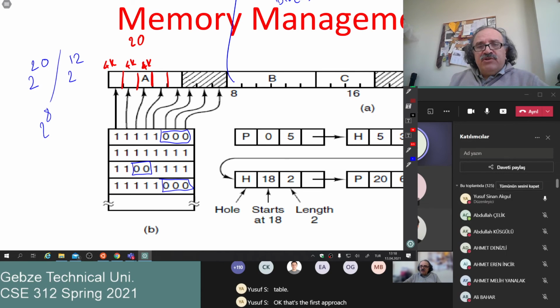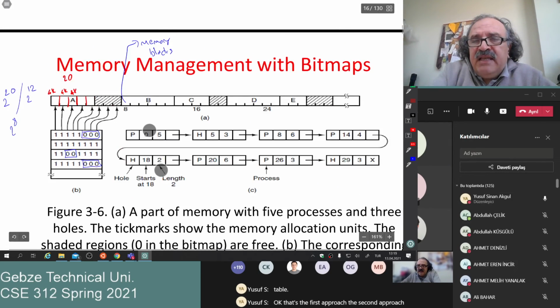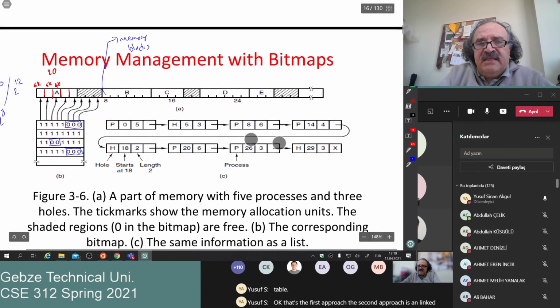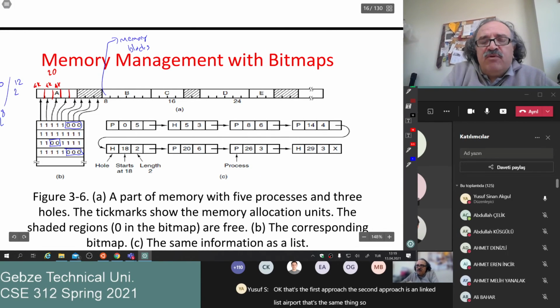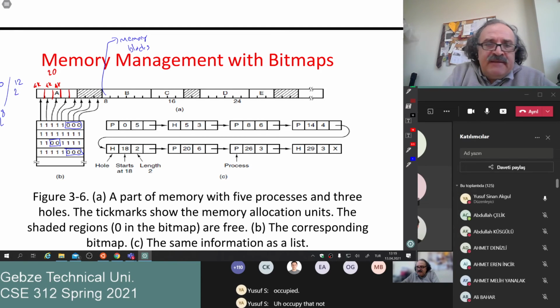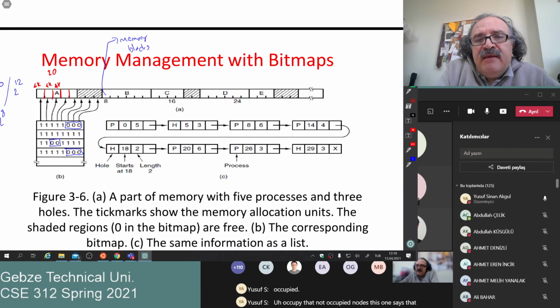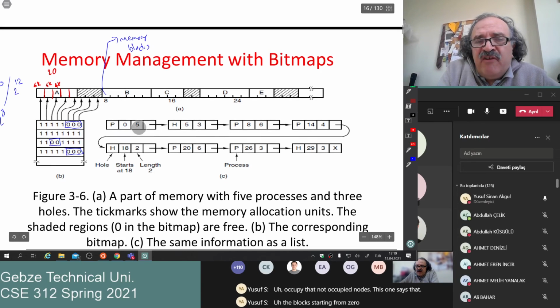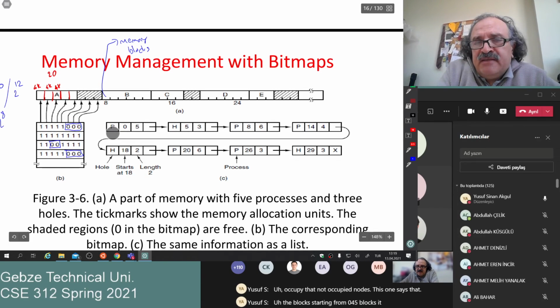The second approach is a linked list approach. That's the same thing. So for the same configuration, I keep a linked list of occupied and not occupied nodes. This one says that the blocks starting from 0 for 5 blocks are occupied.